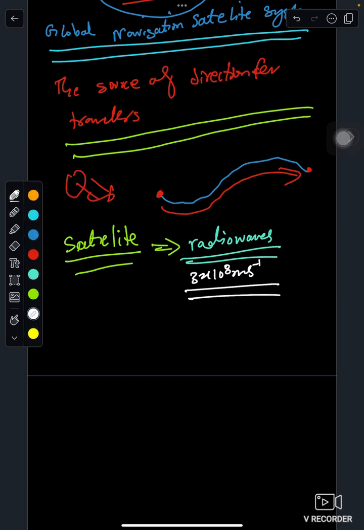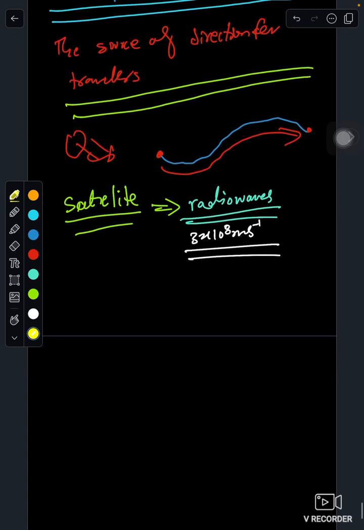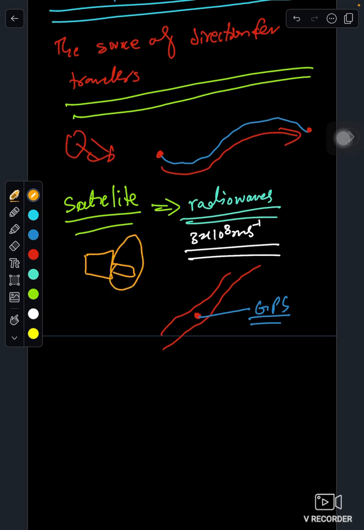Then when we talk about how it works, let's suppose this is a person over here, and there's a GPS device in his car. In space there's a satellite, and that satellite sends a signal to this car.